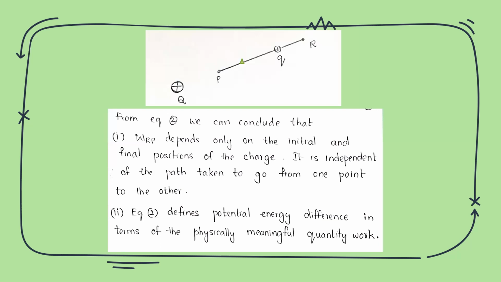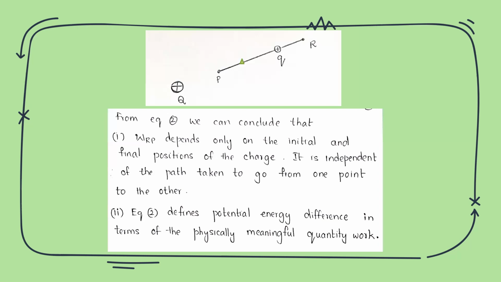That means it depends upon the positions of the point R and point P in this picture. It does not depend on what type of path you are selecting. It depends only on the points R and P, that is the initial point and the final point. Now, one more thing we have to conclude here.